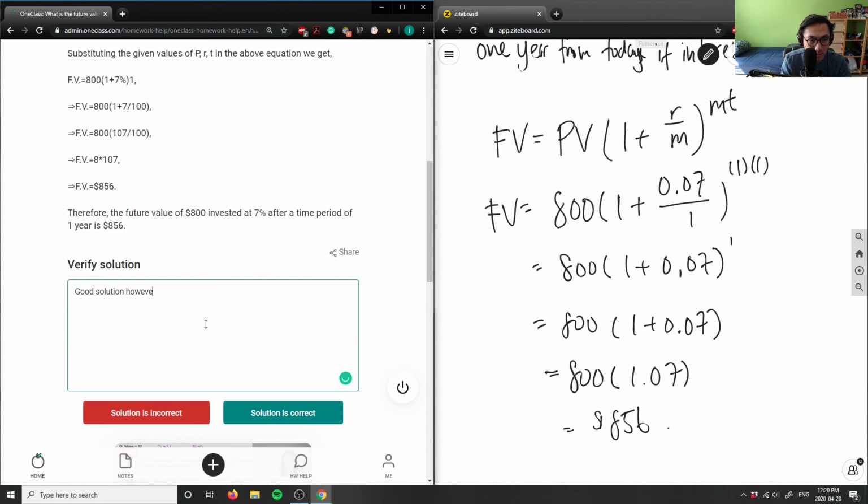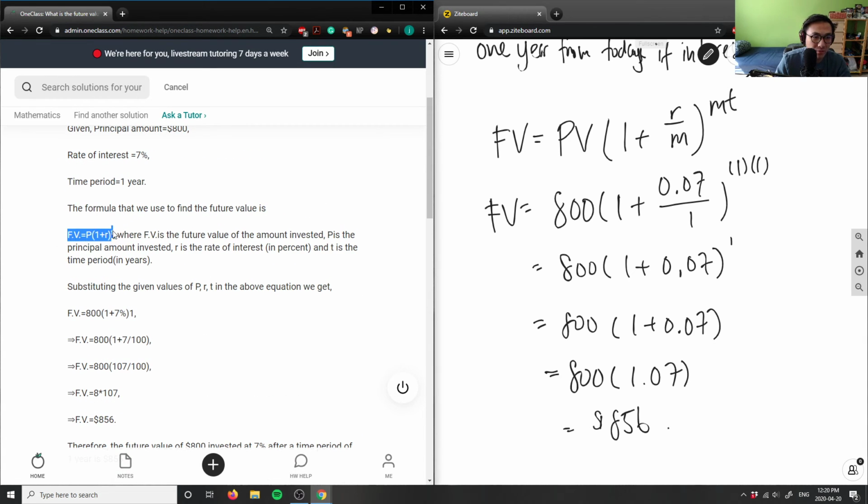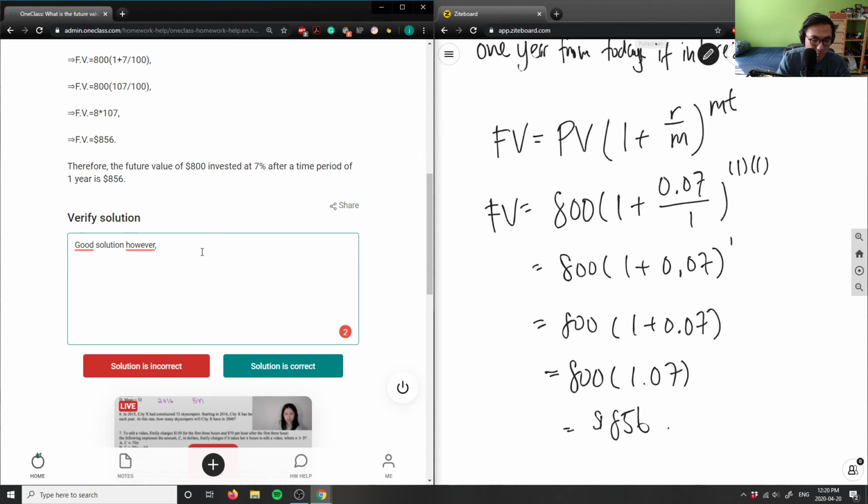However, I'm going to copy and paste this formula. However, this formula does not account for the number of compounding periods if the interest rate was monthly or bi-weekly, for example.